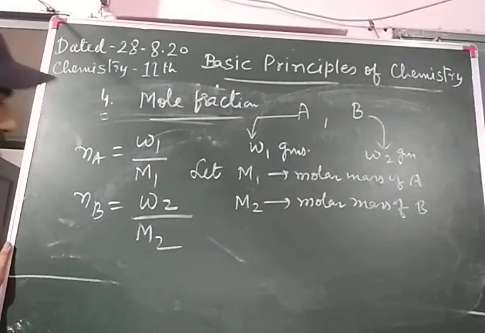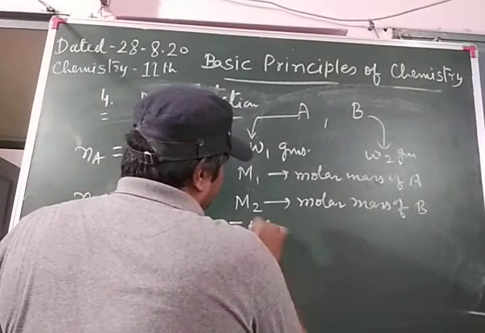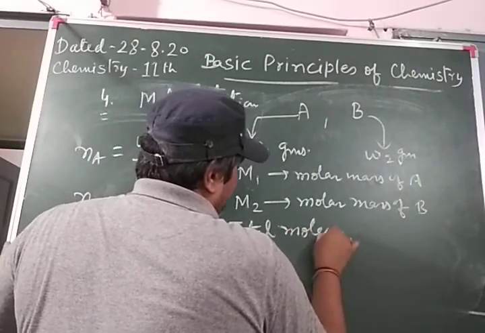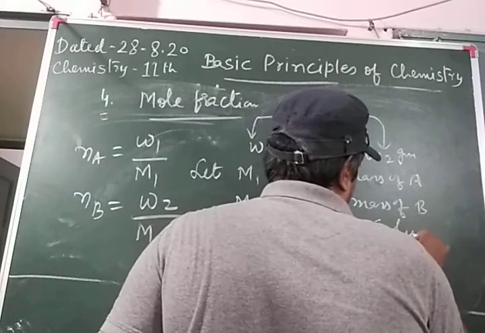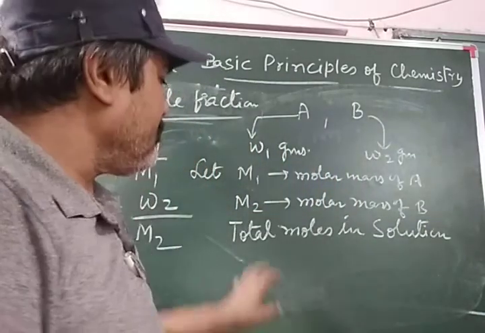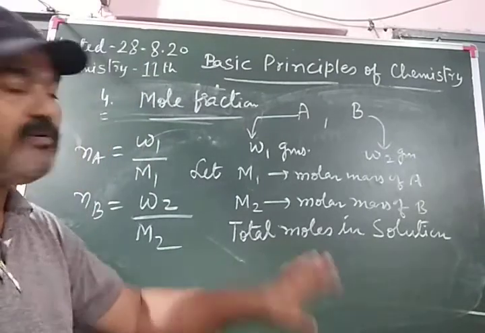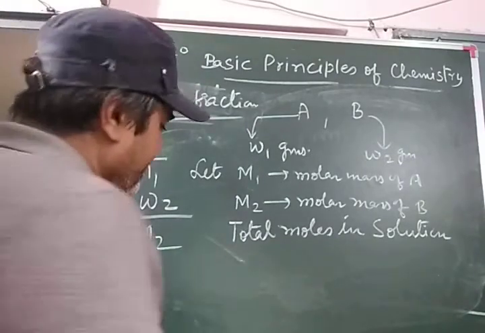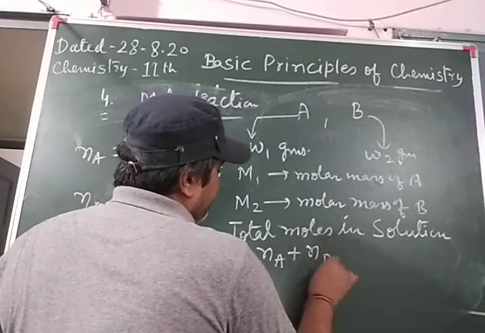Okay. Now we will find out the total moles in solution. Now how can we find out the total number of moles in solution? The number of moles of A plus number of moles of B, that is Na plus Nb.